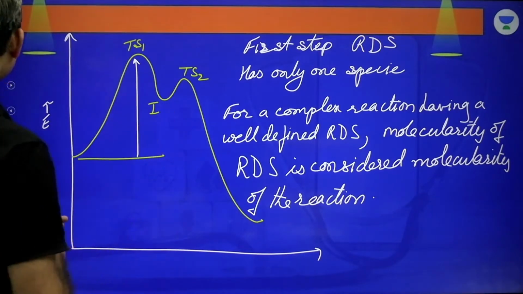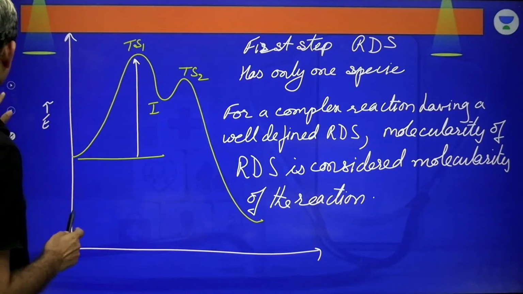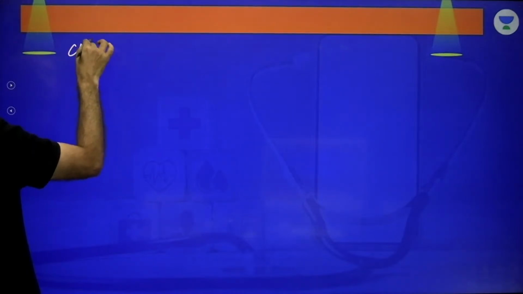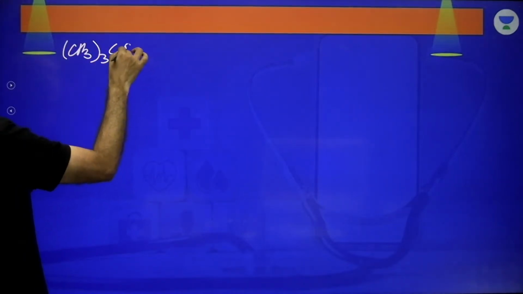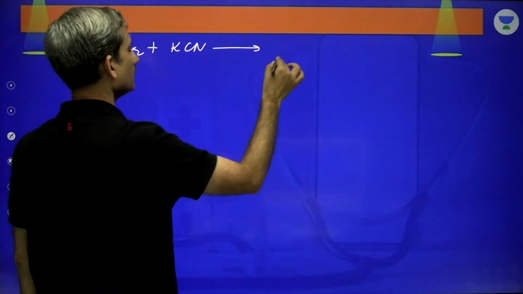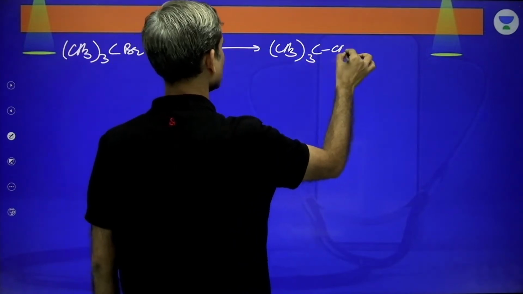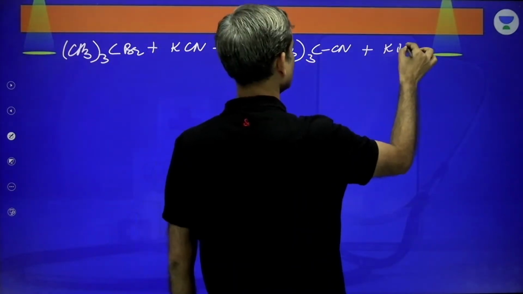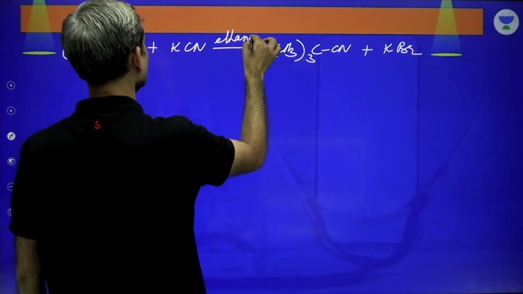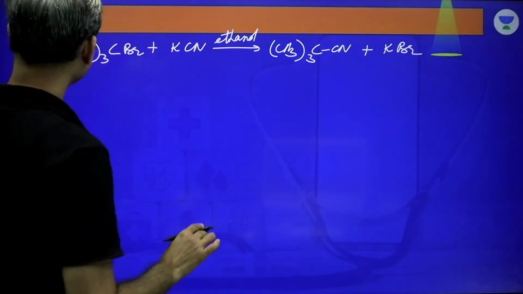Okay. So, if we talk about this particular reaction, we have the reaction as (CH3)3CBr plus KCN giving us (CH3)3CCN plus KBr in presence of ethanol.